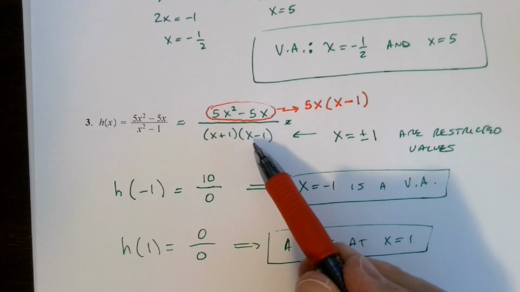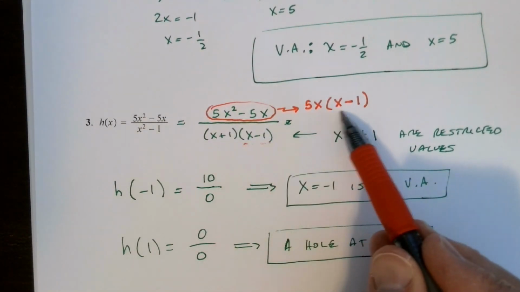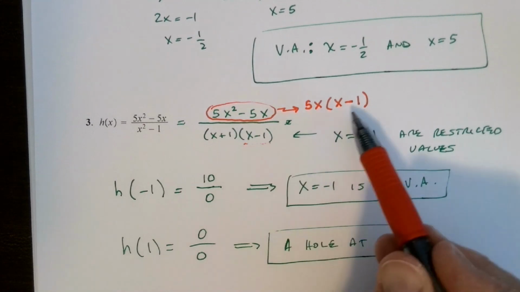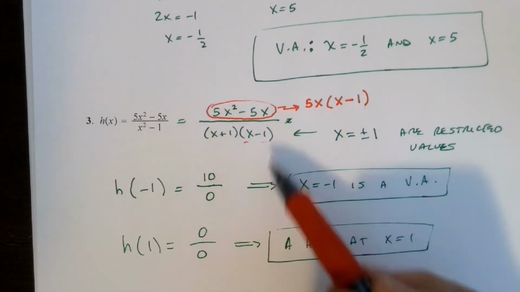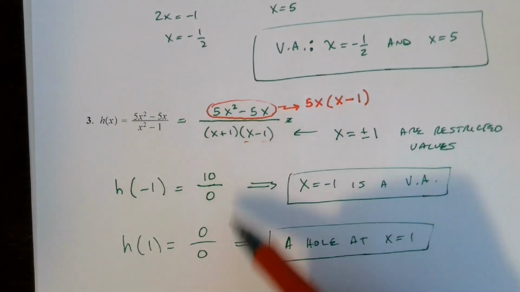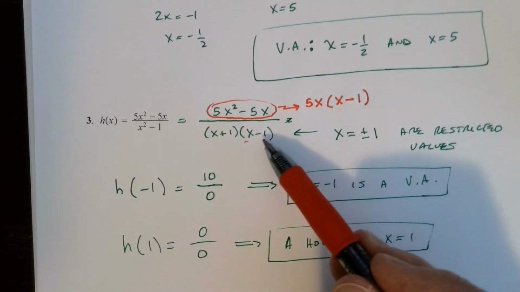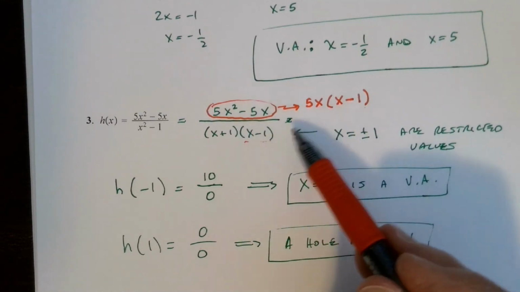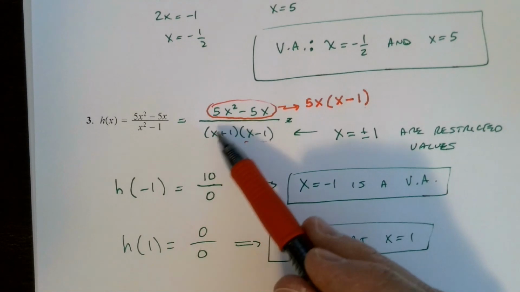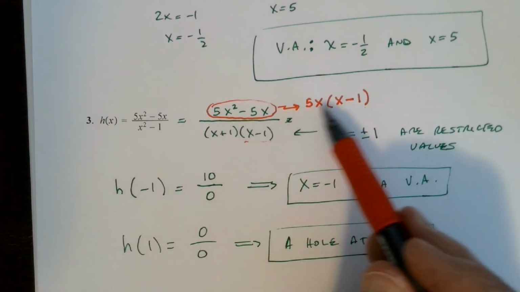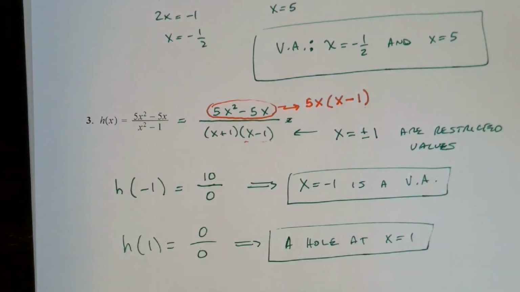What common factor do we have in the numerator and the denominator? An x minus 1. And so that tells me I'm going to get that 0 over 0 form when I plug in 1, and that's going to tell me that I have a hole in the graph when I have the same factor. Notice the x plus 1, which the -1 came from, has no factor of x plus 1 in the numerator. So that's why we have a vertical asymptote. Okay. So now that we've talked about vertical asymptotes, in the next video we'll talk about horizontal asymptotes.